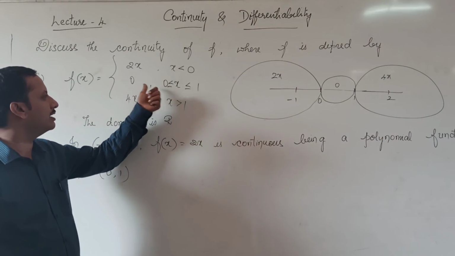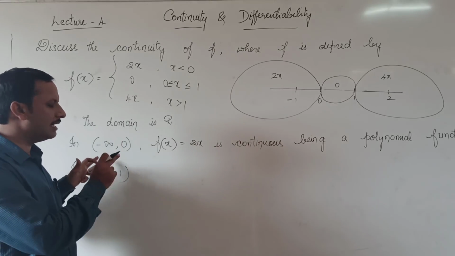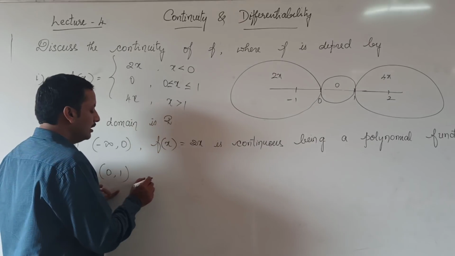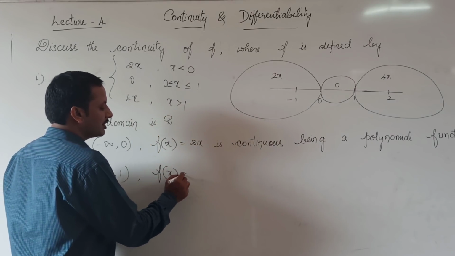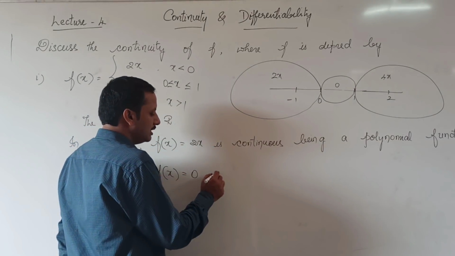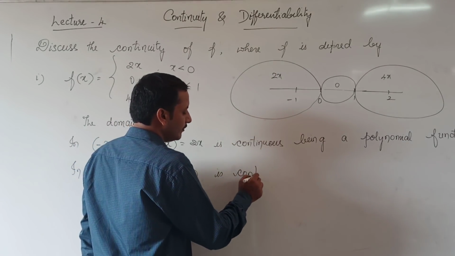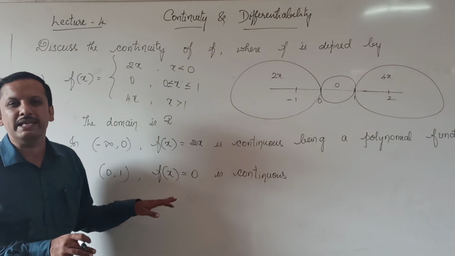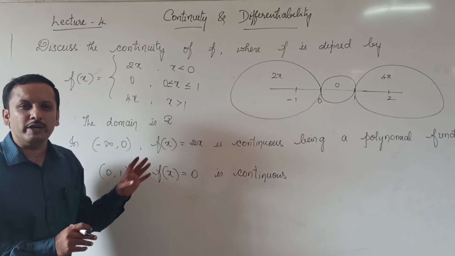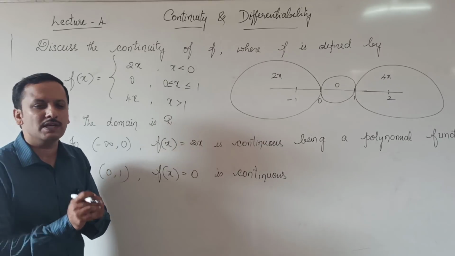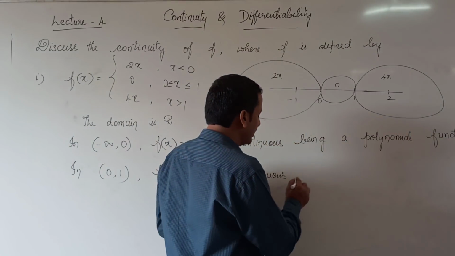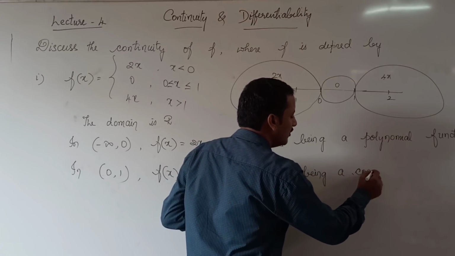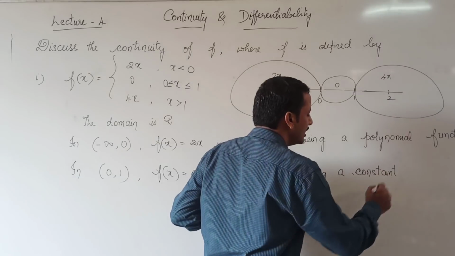Though at 0 and at 1 also it is defined as 0, because at 0 and 1 I have to check whether it is continuous or not, so I have not included it. In 0 to 1, f of x is equal to 0 is continuous. Why is it continuous? Because f of x equal to 0 means a constant function. We already know that every constant function is continuous. So f of x equal to 0 is continuous, being a constant function.